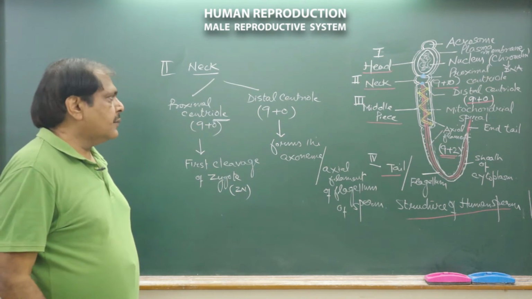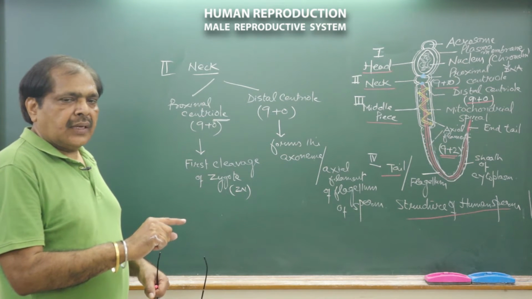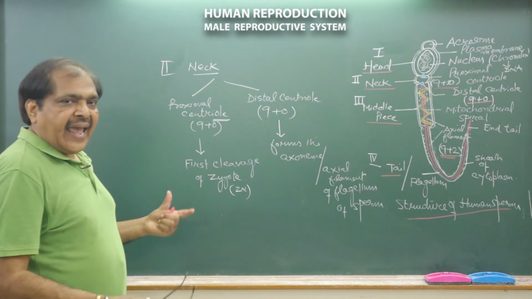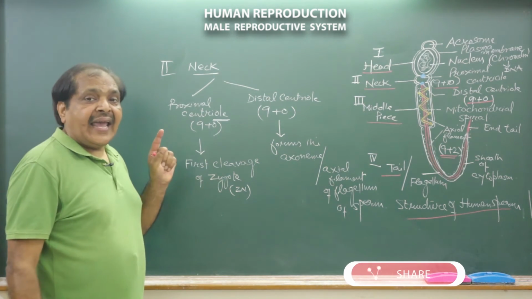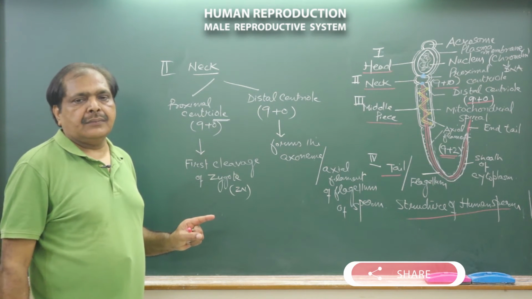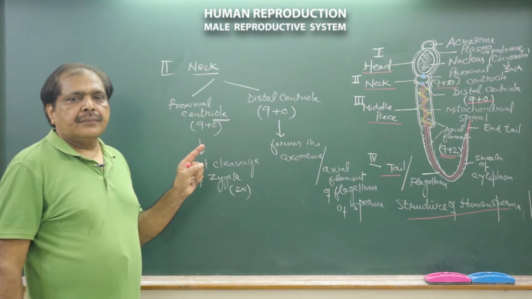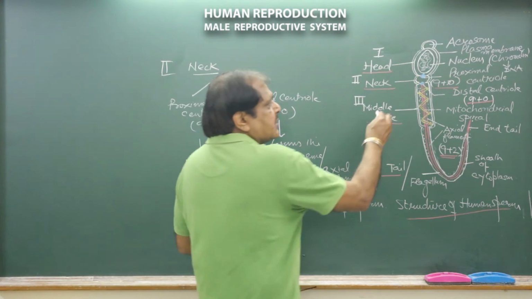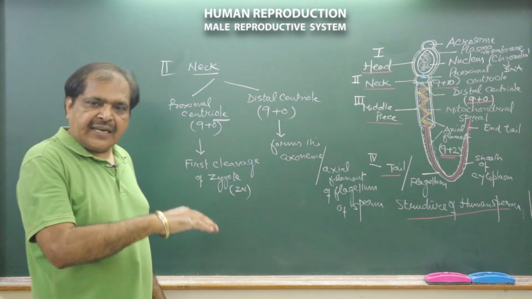Remember one thing I mentioned earlier also, that at the time of fertilization, only the head and the proximal centriole enter the egg. All other parts, starting from here, degenerate and remain outside.